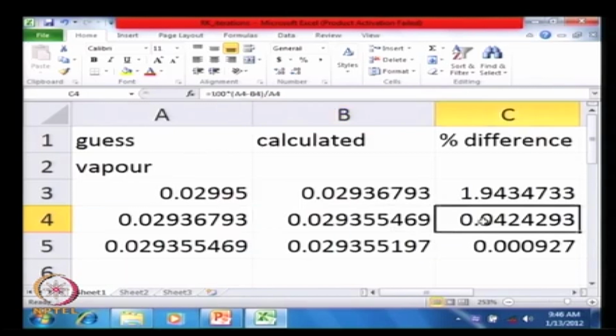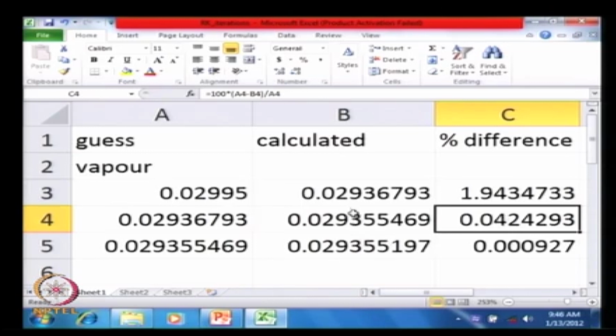The percentage difference was calculated as A4, which is this, minus B4, which is this, the difference divided by A4 into 100, and that turns out to be 0.042, which is a very small percentage, but we said 10 power minus 3, so it is still not 10 power minus 3 here.